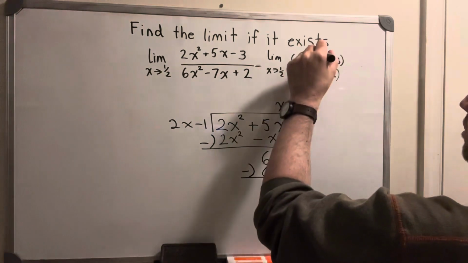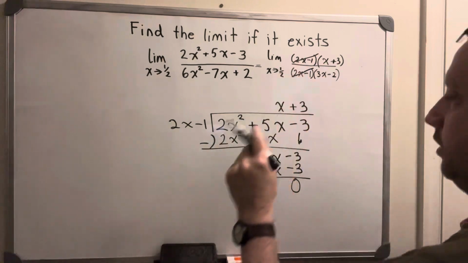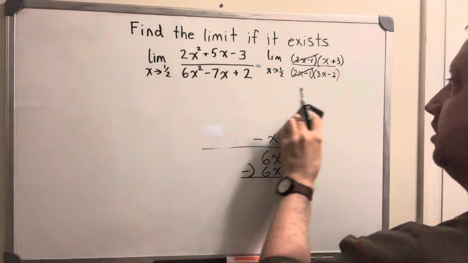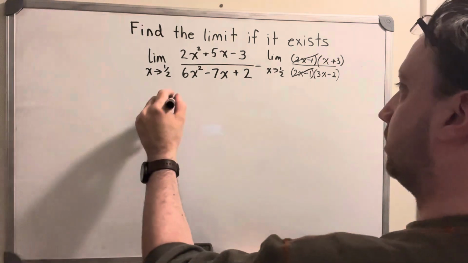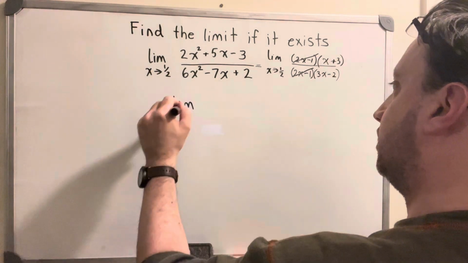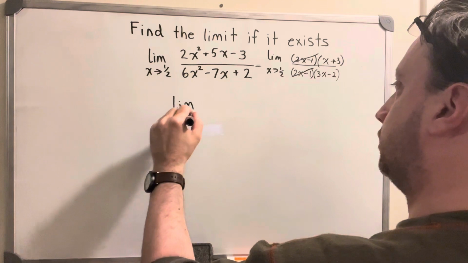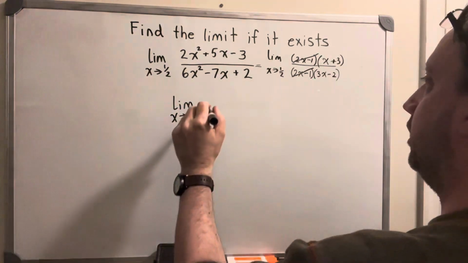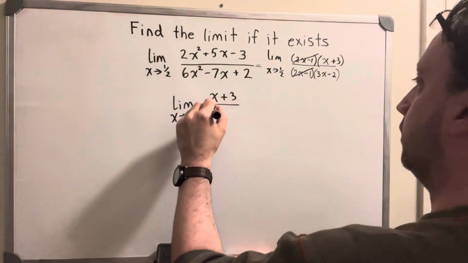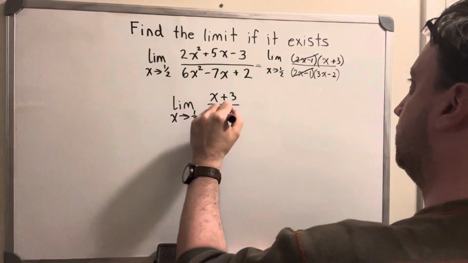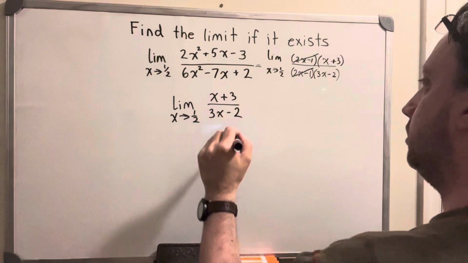And now we can cancel out the 2x minus 1s. So this is the limit as x approaches 1/2 of x plus 3 over 3x minus 2.